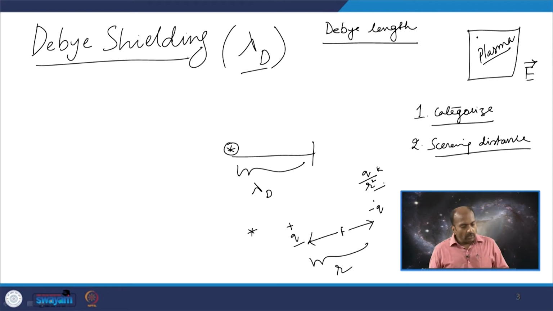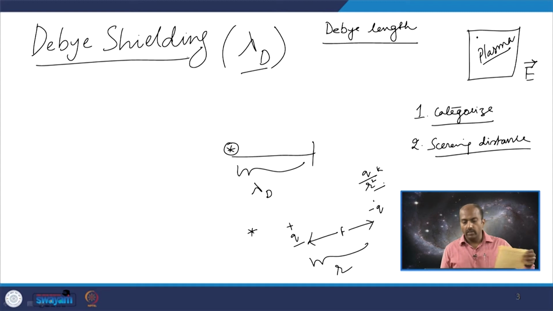A charge in the plasma attracts opposite charges and repels like charges to the point that its electric field is screened by the charges it has attracted, so that particles outside this influence are unaware of the existence of this particular charge.